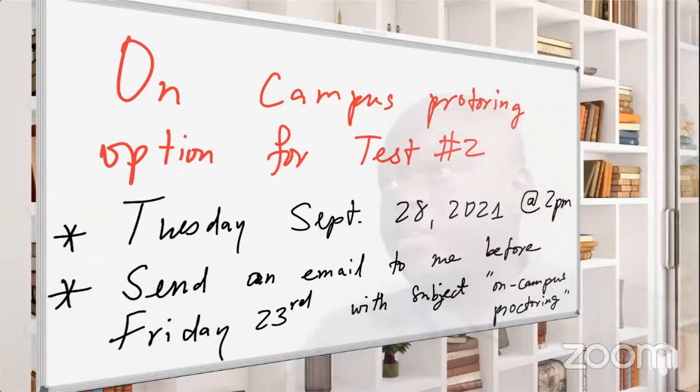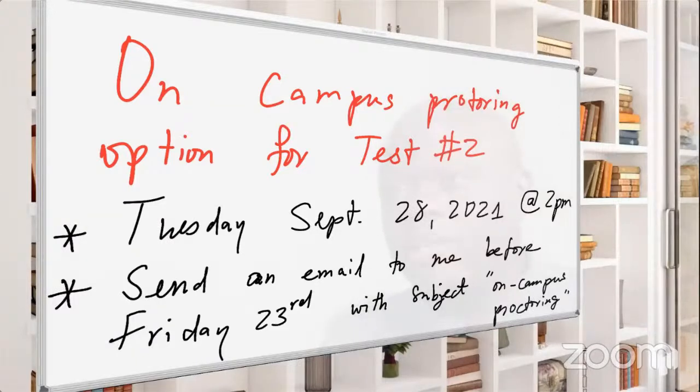So send an email to me on or before this Friday. The subject line should read on-campus proctoring request. And once confirmed, you will still need to show up with a functional computer that is capable of connecting wirelessly to the internet. The only difference is you'll be proctored in person.